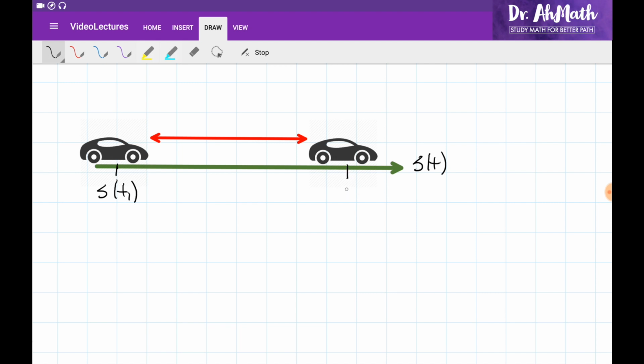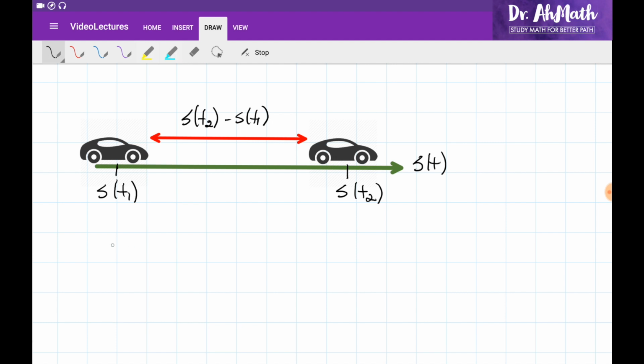At some point t2, the distance passed through is s of t2, right? Then the distance between t1 and t2 is going to be s of t2 minus s of t1. So what we're interested in is the rate of change of the distance between this time. How much the distance has changed between this time.